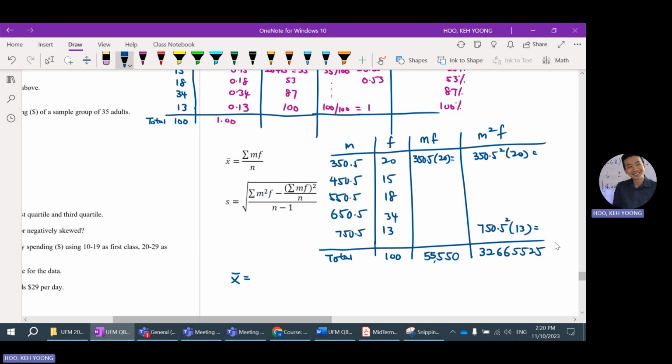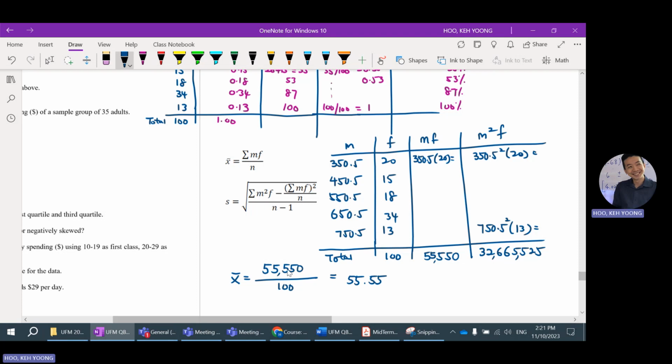This is the 32 million. You get this value. Check whether correct or not. So sample mean will be taking 55,550 divided by the total hundreds. So average is 555.50.